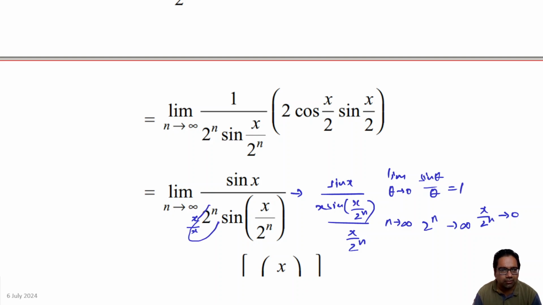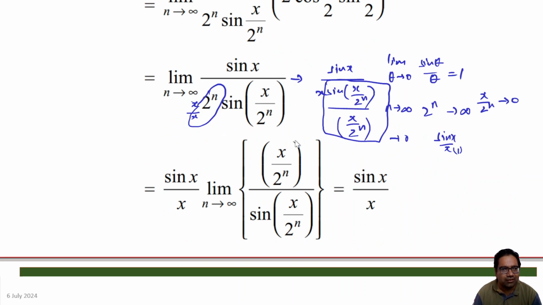Now we can use this limit because x/2^n is tending to 0. So sin(x/2^n) by x/2^n is equal to 1. What will be left? We will be left with sin x by x, and this entire limit is actually equal to 1.